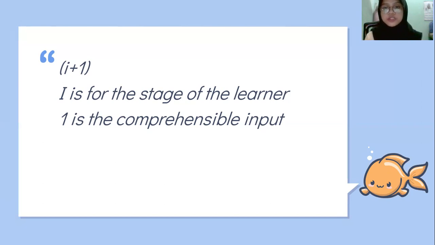So the student has to have a basic knowledge, a comprehensible input first before they learn how to speak in the classroom. But that doesn't mean that we don't have any speaking moment. We can have a speaking moment that is very simple like good morning or have a nice day, that kind of easy stuff. But actually teaching speaking based on a particular topic is not recommended by Krashen.